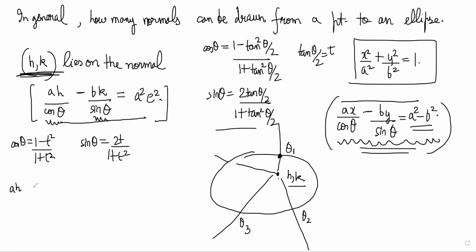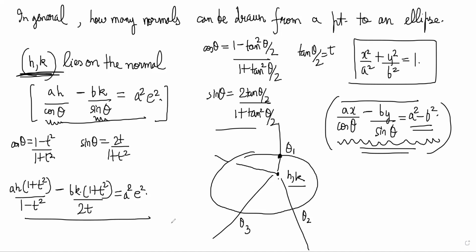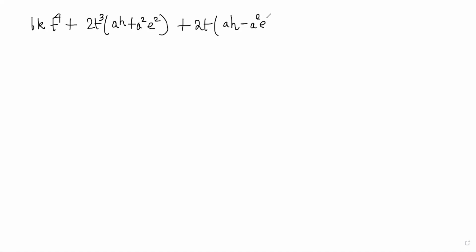And then you will simplify it like this: ah times (1 plus t square) by (1 minus t square) minus bk times (1 plus t square) by 2t is equal to a square e square. After a little bit of simplification, you will get a fourth degree equation in t: bk t power 4 plus 2t cube (ah plus a square e square) plus 2t (ah minus a square e square) minus bk.